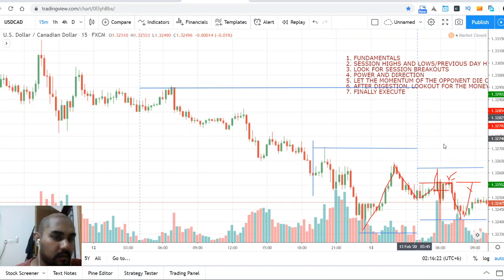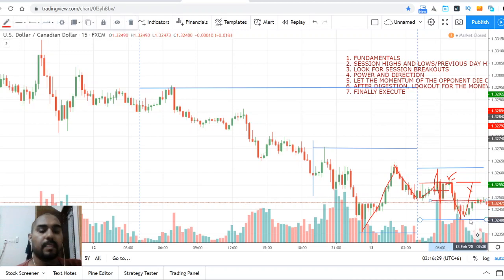And it actually is holding below this breach. So I'm expecting the prices go down from here. So let's see if that's the case.